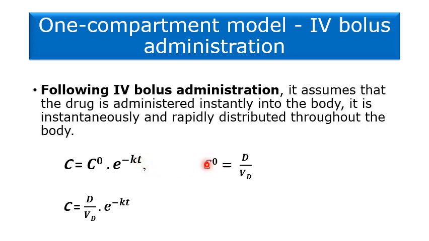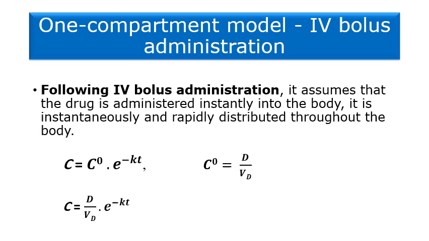As you know, initial plasma concentration equals the dose of a drug over volume of distribution. So the equation can be rewritten in the form of plasma concentration at any time equals dose over volume of distribution multiplied by e to the power minus elimination rate constant by the time.